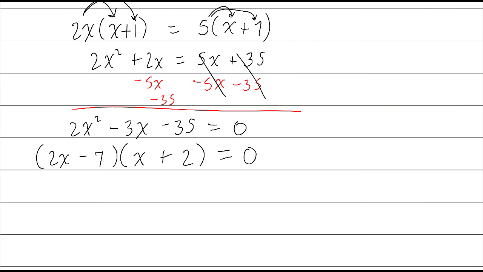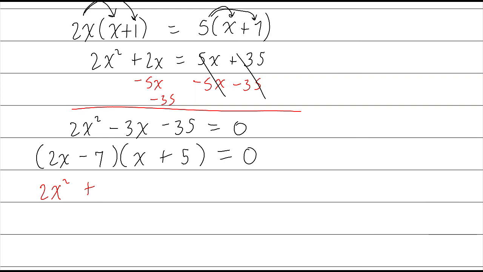I'm going to test it out here. 2x times x is 2x squared. 2x times 5 is positive 10x. Oh, I don't know why I said 2. That should be a 5. There we go. All right, 7 times 5 is 35, not 2.